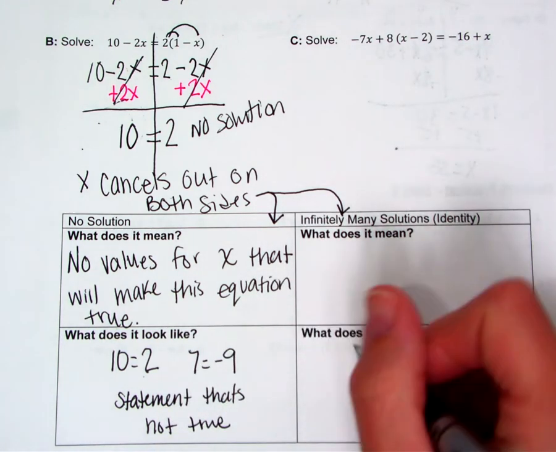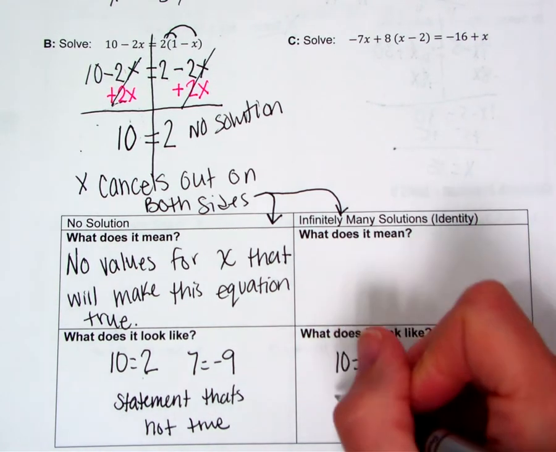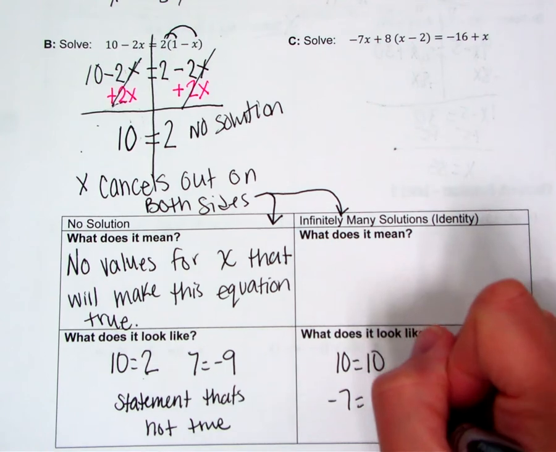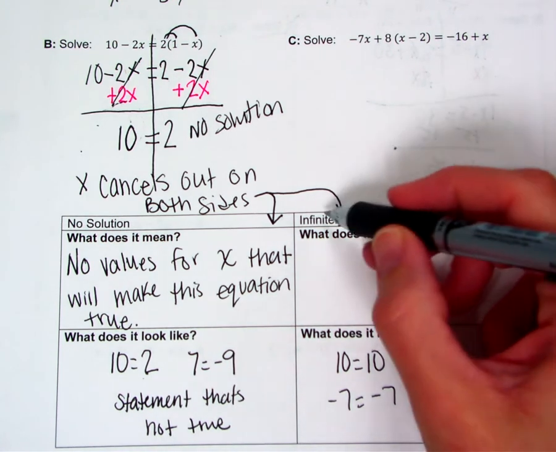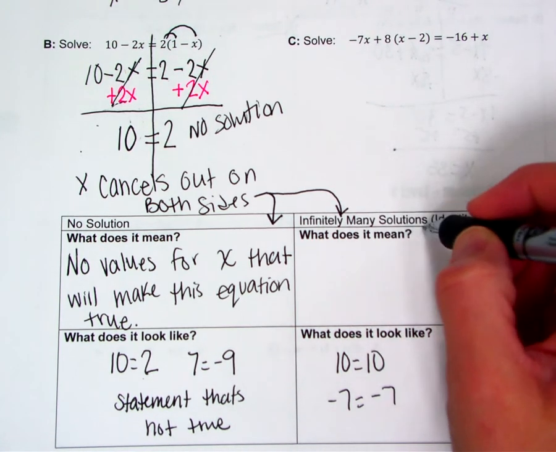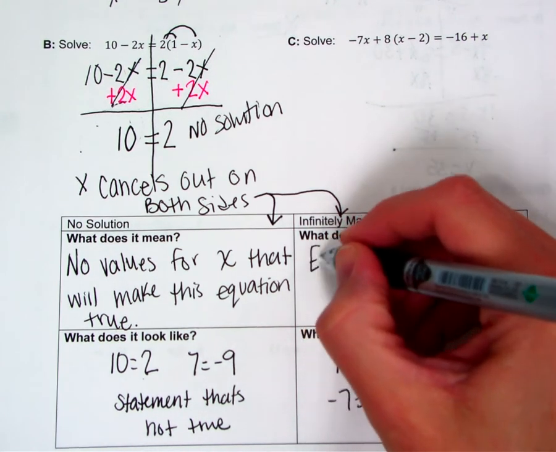However, if you end up getting something that is true, 10 equals 10, for example, -7 equals -7, that means you have what's called infinitely many solutions. What does that mean?